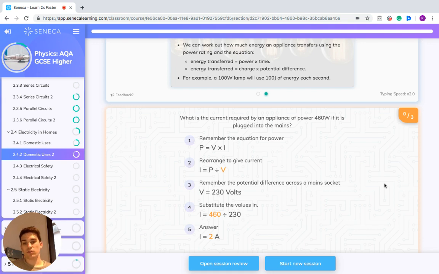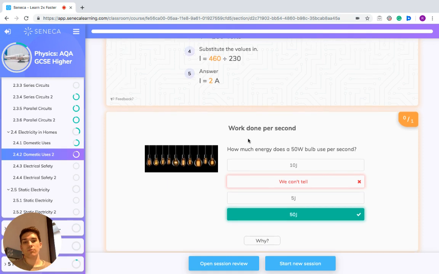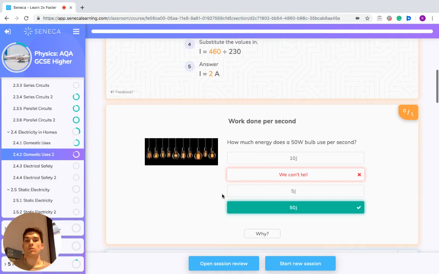And remember that 230 volts is the potential difference of what comes out of our plug sockets in the UK. So we can say that the current is equal to the power, 460, divided by the number of volts, 230, which gives us 2 amps in total. And if we've got a 50 watt bulb, per second, it uses 50 joules. That's the conversion between watts and joules.